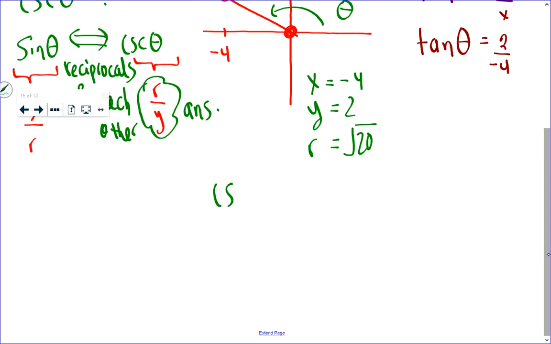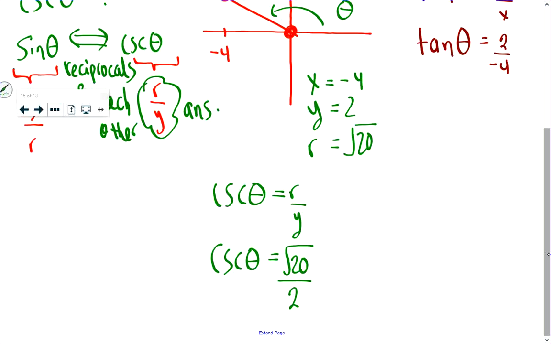So cosecant of the angle is r over y, which means cosecant of the angle is root 20 over 2. And now we don't need to check the quadrants here to find out whether it's positive or negative, because you were told x and you were told y. It's defined as being where x is negative and y is positive.